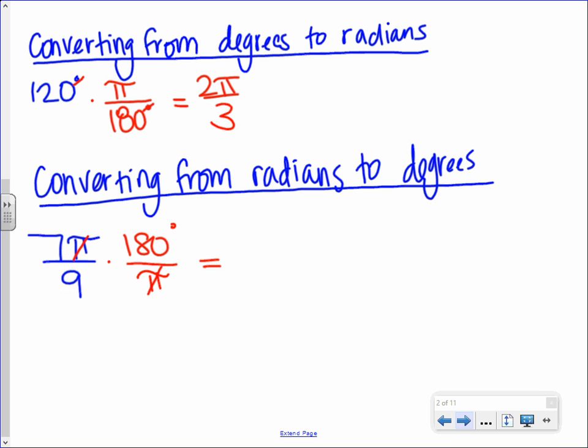We have 7 times 180 divided by 9, which ends up being, what? 140? 140 degrees. Something that you did last year, here's your reminder. You'll have, I don't know, like 3 or 4 of these in your homework to practice this evening.